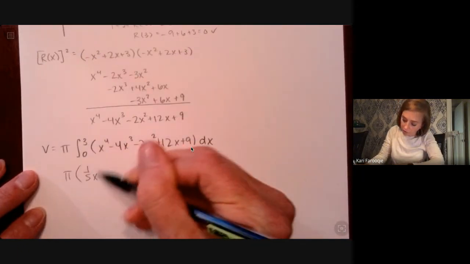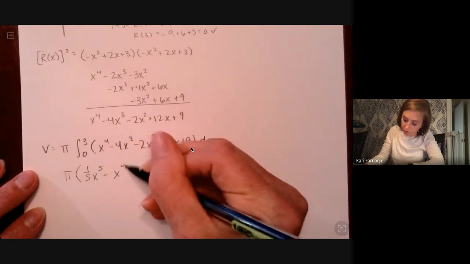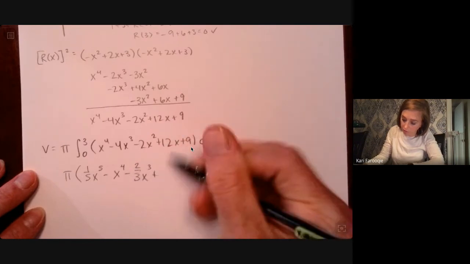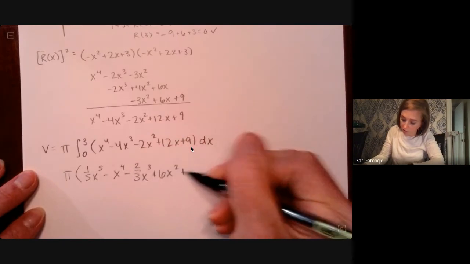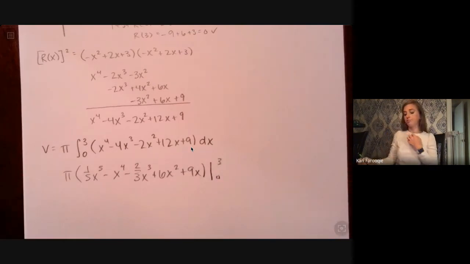So we'll have 1/5 x to the 5th minus 4/4, which is just 1, x to the 4th, minus 2/3 x cubed plus 6x squared plus 9x. Now, the nice thing is you're looking at a polynomial and your lower limit of integration is 0. If it's a polynomial, you don't need to evaluate it at the lower limit.